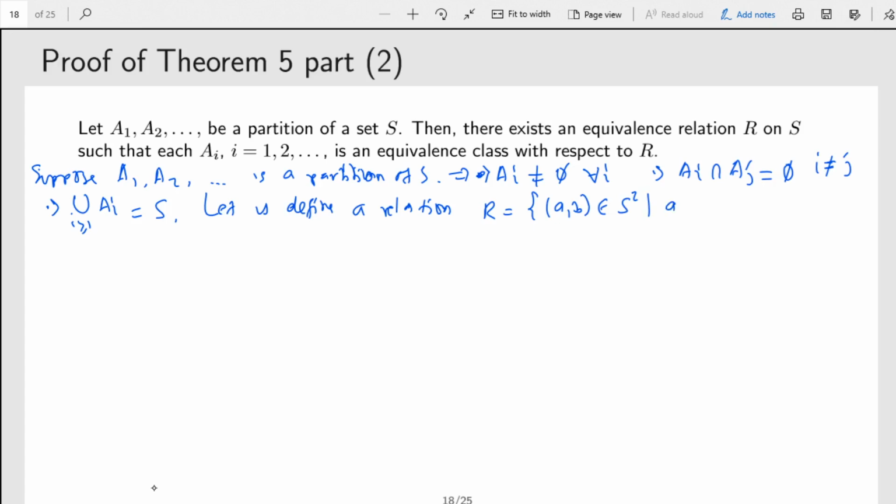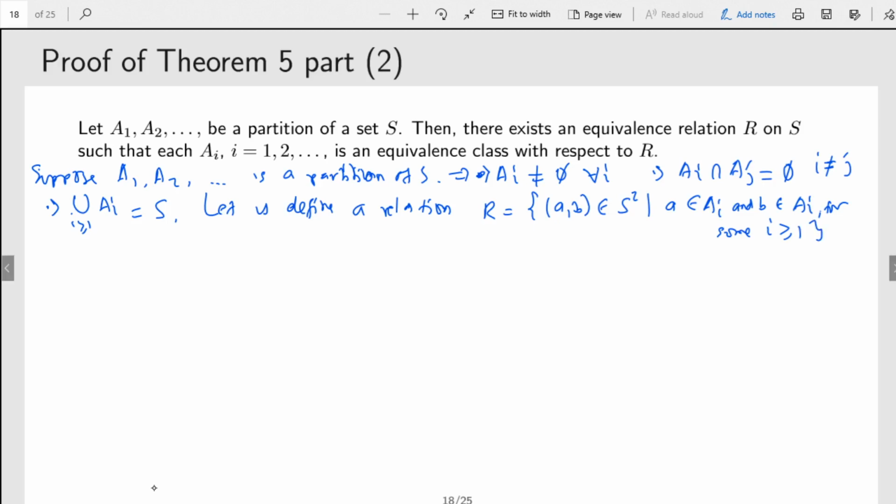both A is in AI and B is in AI for some I greater than or equal to 1. So that is A and B are in the same member of the partition.